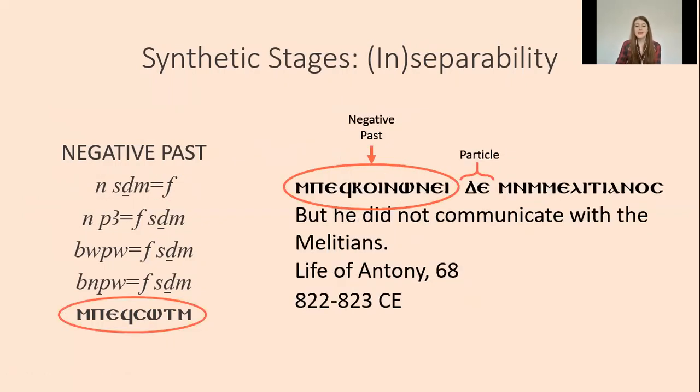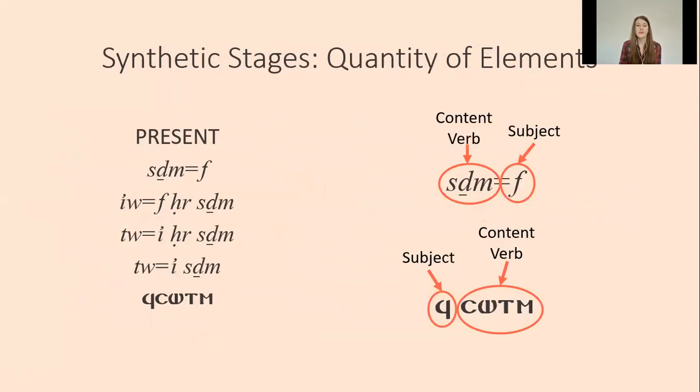However, in the second synthetic stage of this construction, the element providing negation could no longer be separated from the rest of the construction, as you can see from the example here, where the particle day comes after the entirety of the negative past construction. So here the two synthetic stages are not identical in this respect, since the second form is less separable and consequently more synthetic than the first.